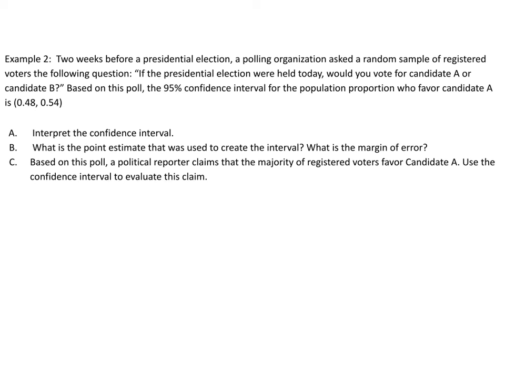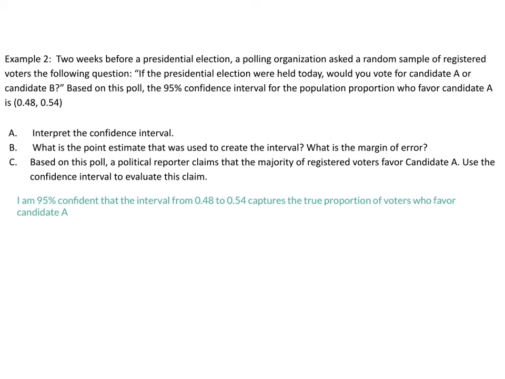Interpret the confidence interval. So my interpretation is that I am 95% confident that the interval from 0.48 to 0.54 captures the, now state your parameter, the true proportion of voters who favor candidate A. What you never want to do is imply that that true parameter proportion is moving around.